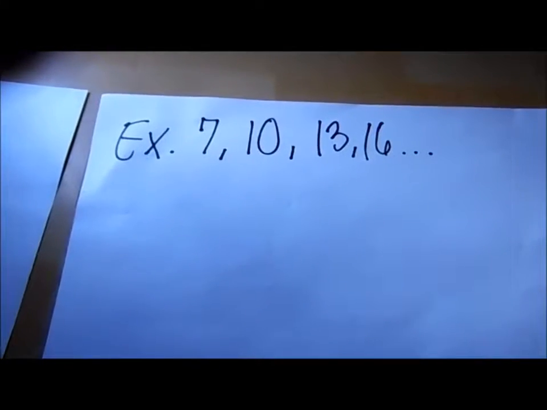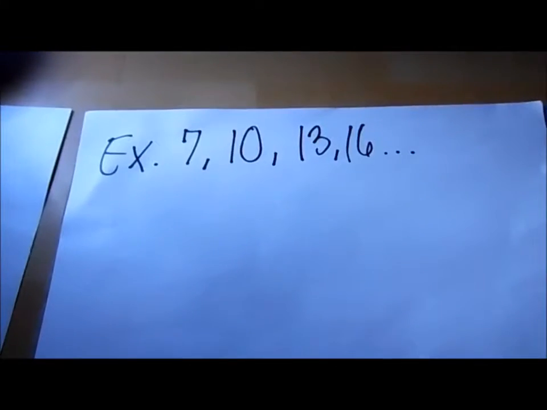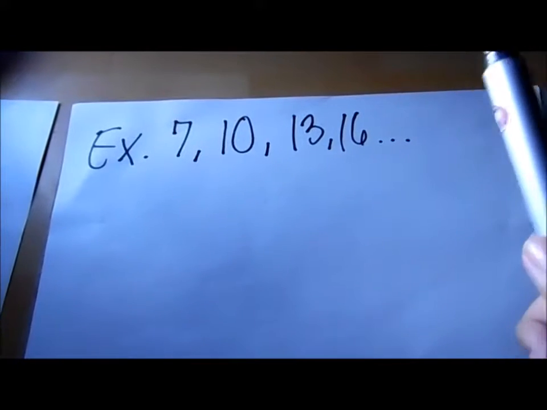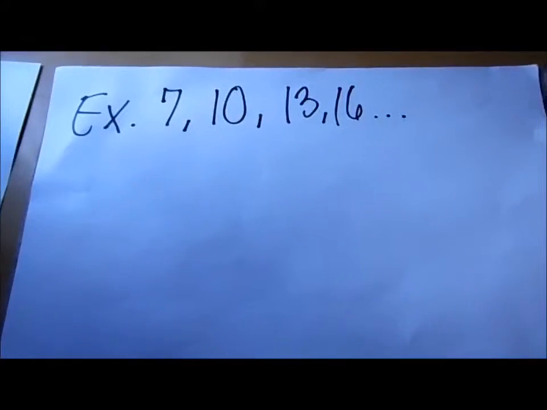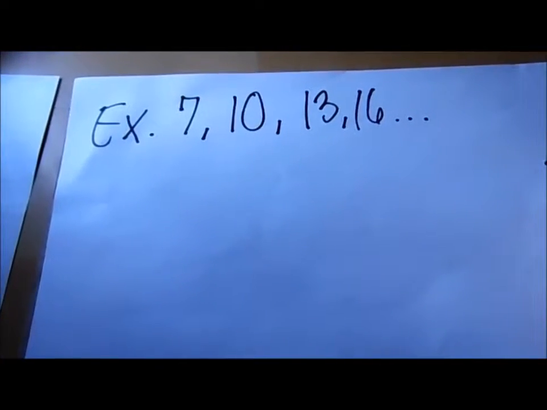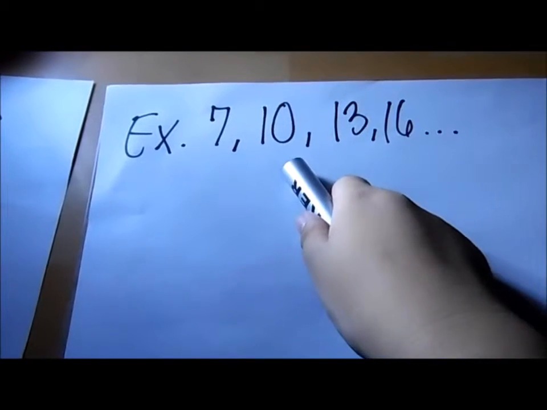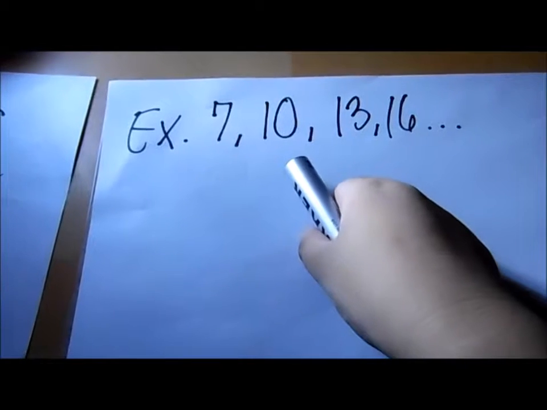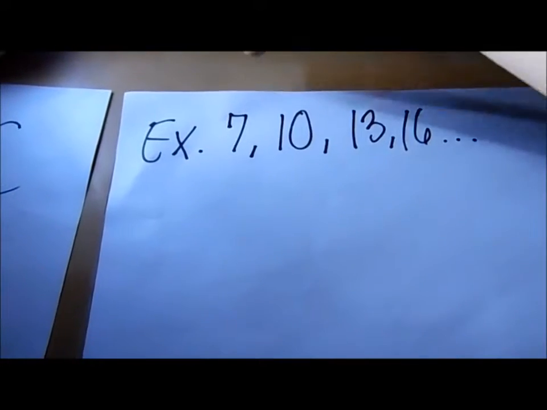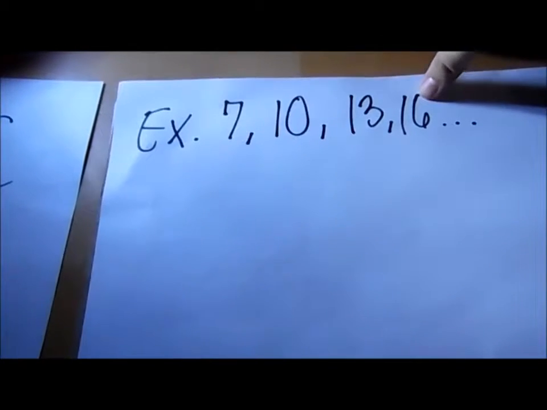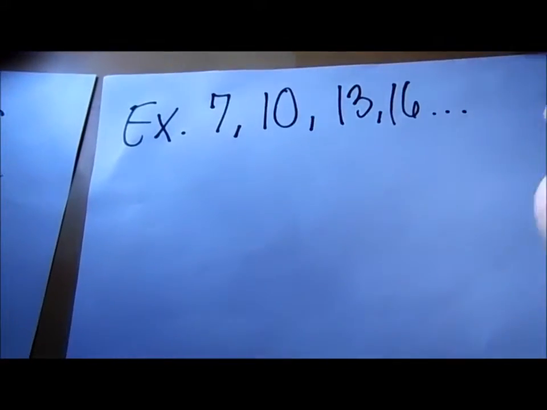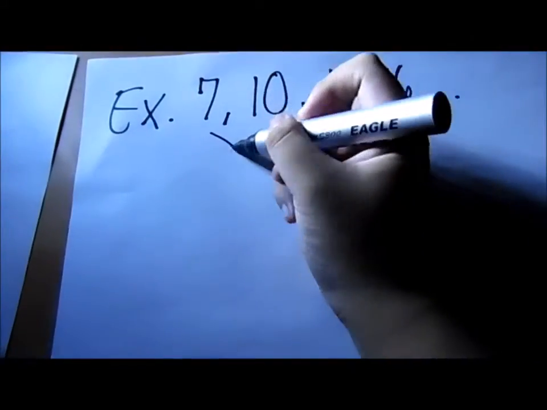Given this example, we're going to determine if this is an arithmetic sequence or not. So 7, 10, 13, and 16. I'm assuming that the common difference is 3, since you're going to be adding 3 to each term.